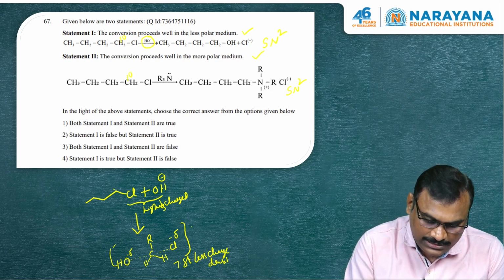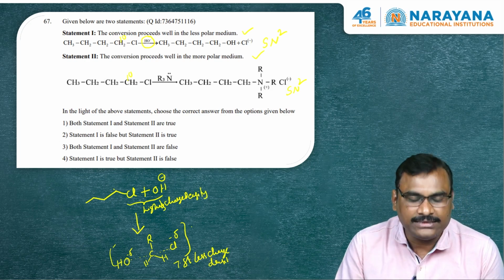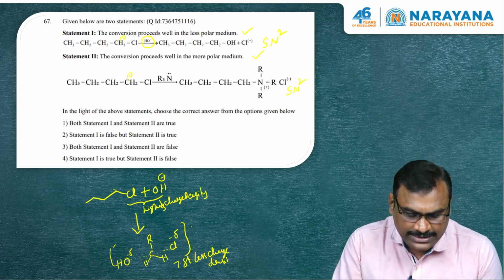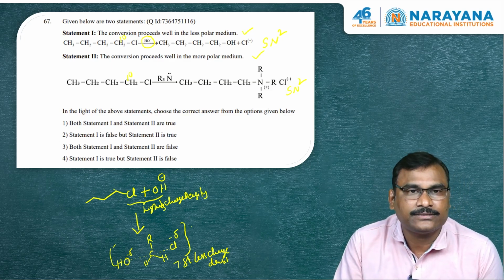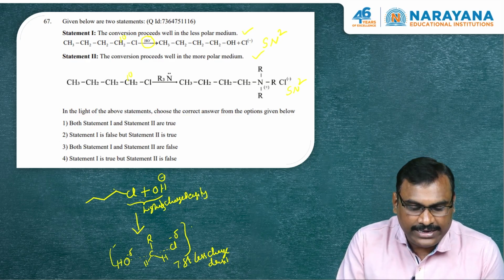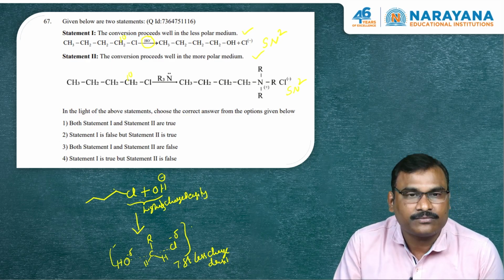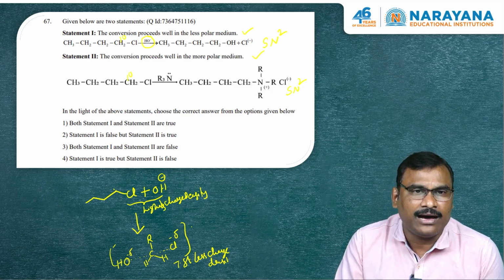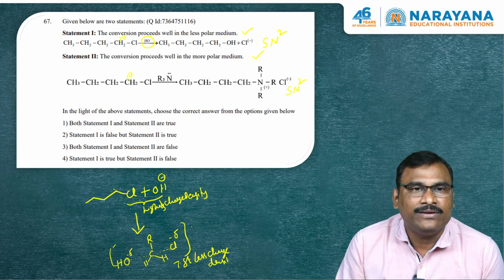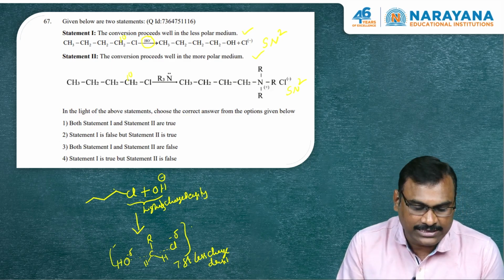High charge density in the reactants, and the transition state has less charge density when compared to the reactants. Therefore, in the first reaction, if the medium is a less polar medium, it will not affect the activation energy of the reaction, so less polar medium favors or increases the rate of reaction for the first reaction.